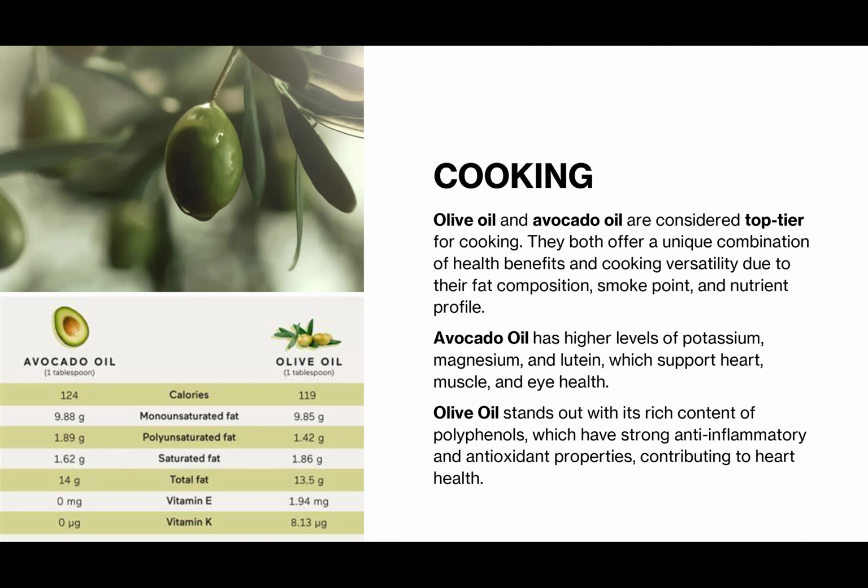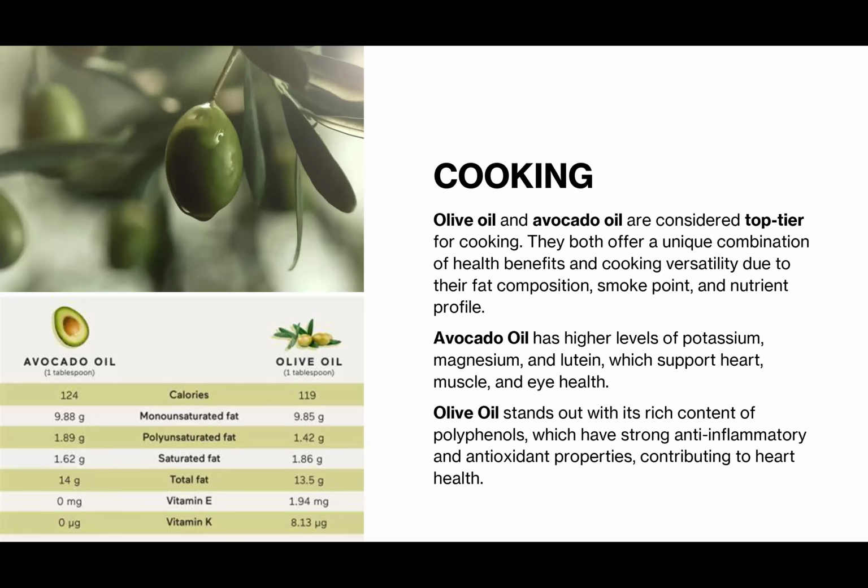Olive oil especially has many different smells and even textures depending on processing. Avocado oil is very high in potassium and magnesium, which supports muscle and eye health, and olive oil is rich in antioxidant properties.